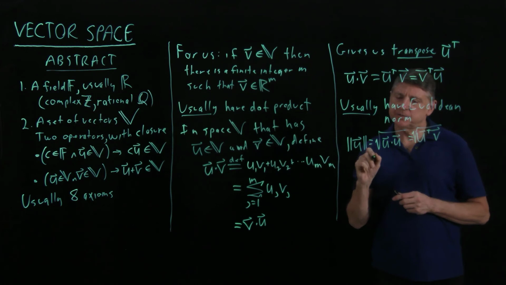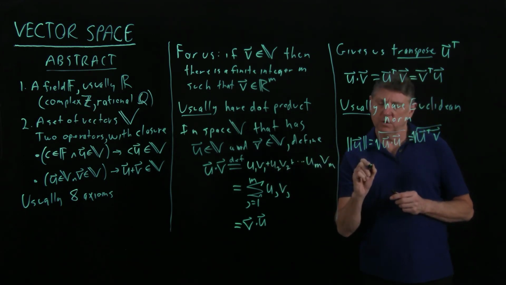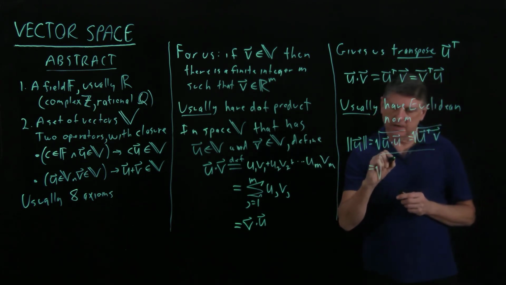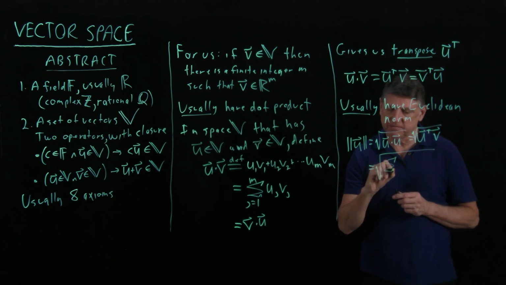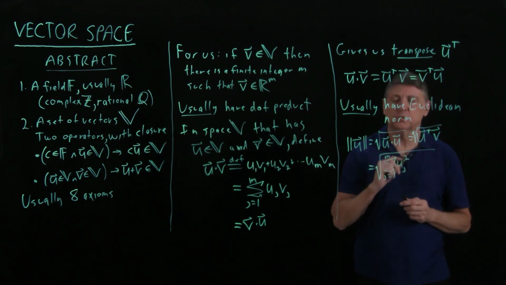And then let's write this out in terms you might have seen before: that is the square root of the sum as j goes from 1 to m of uj squared.